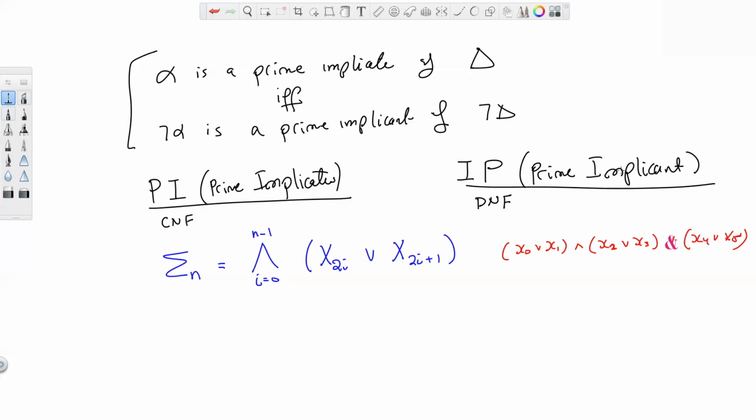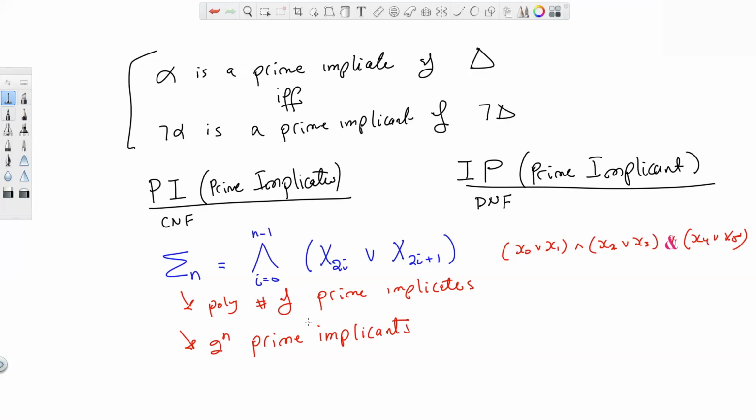All right. In fact, for this one, a polynomial number of prime implicates, but it will actually end up having 2 to the n prime implicants. And you can guess what these will be, right?